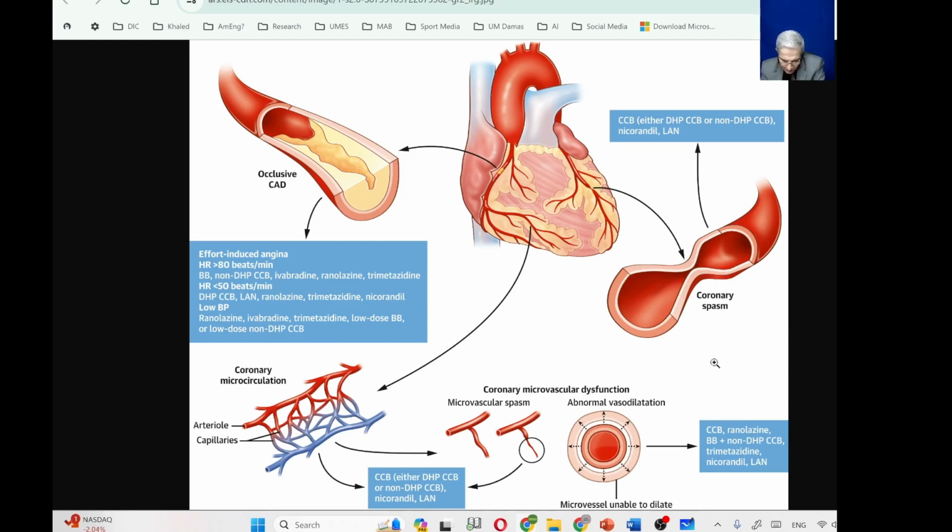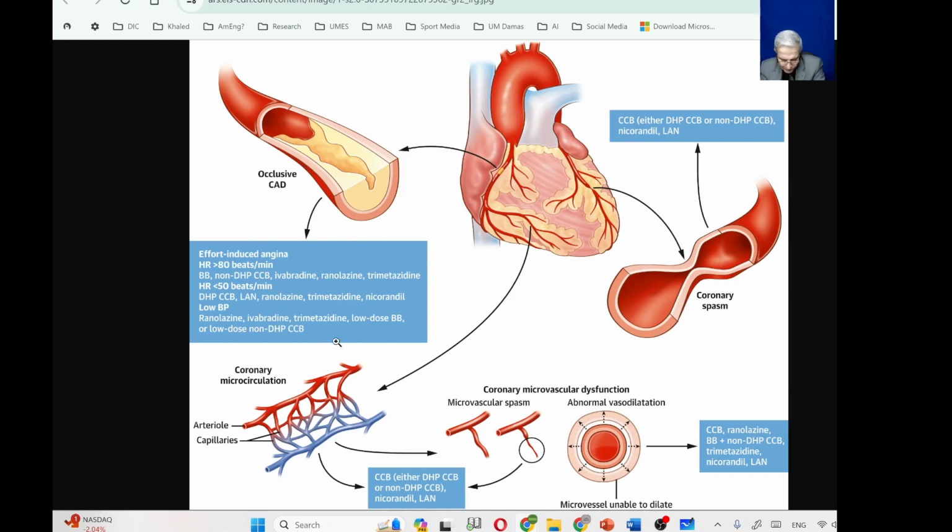We have coronary microvascular dysfunction, and they tell us what type of medication we are going to use. For example, when you have coronary spasm, they say CCB or nicorandil or long-acting nitrates. For unstable angina, you can see the atherosclerosis there.